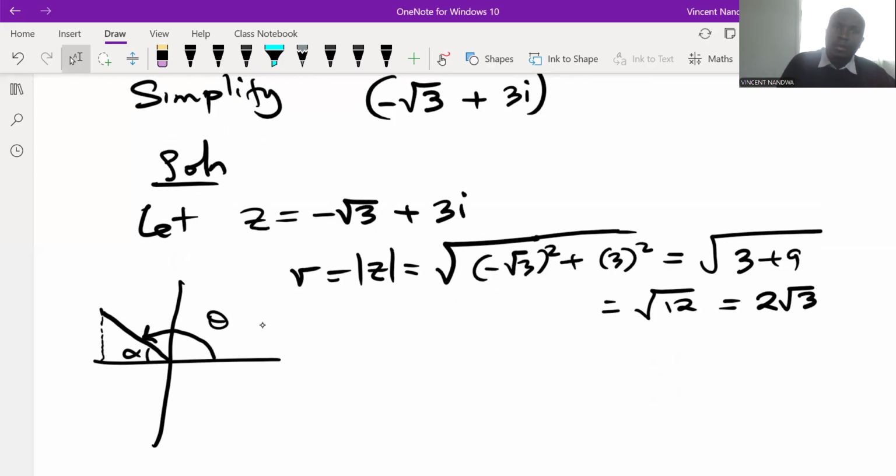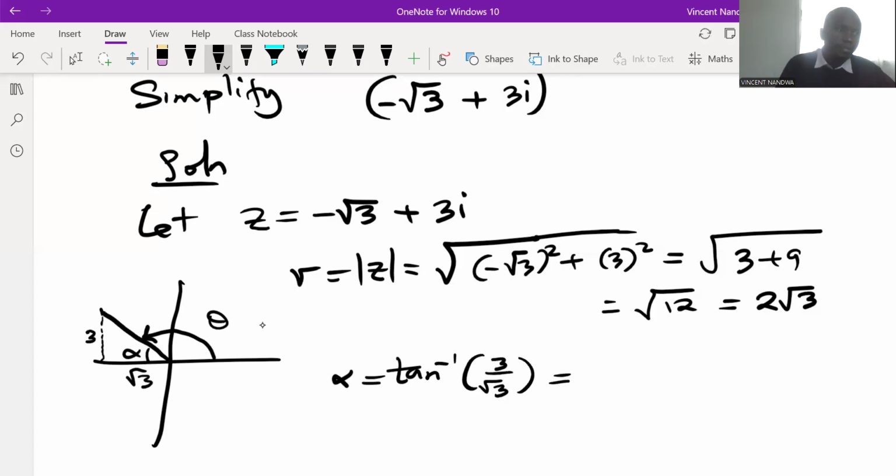So here, the change in y, or the number of units along the imaginary axis, is 3. Number of units along the real axis is root 3. So alpha is the same as tan inverse of opposite 3 over adjacent root 3. So 3 divided by root 3, then tan inverse of that answer is 60 degrees, which is pi over 3.